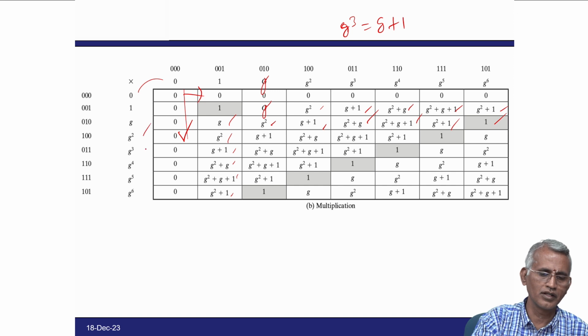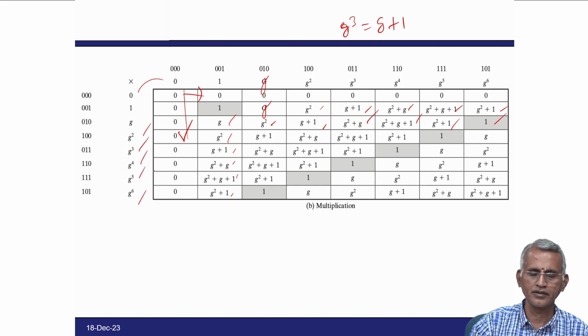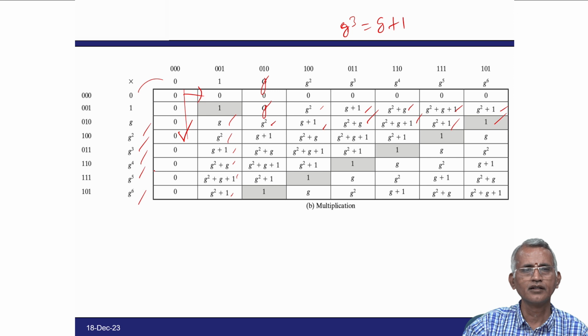Similarly, you can go to g square, g cube, g power 4, g power 5, g power 6. This way we can bring out multiplication. This is the most general form of GF of 2 cube under the multiplication operation. Thank you.